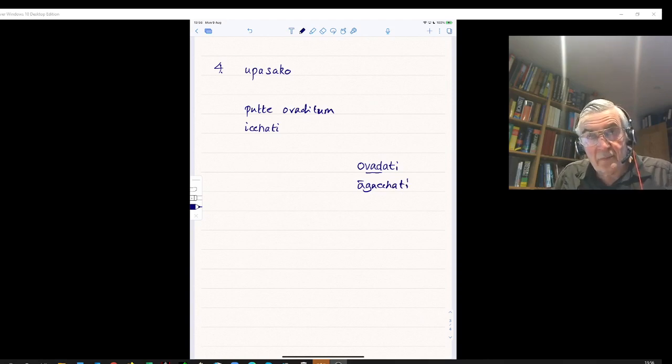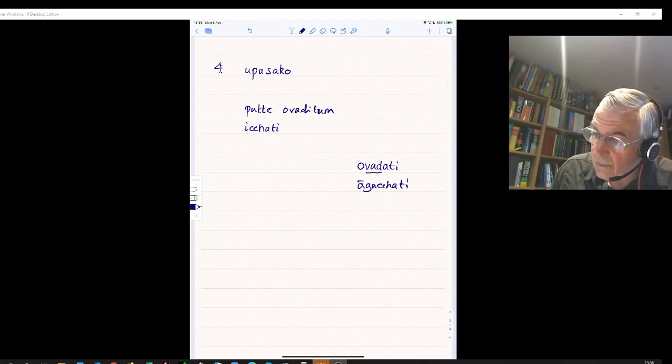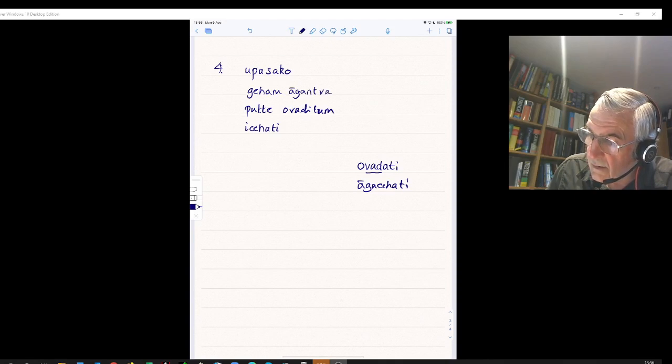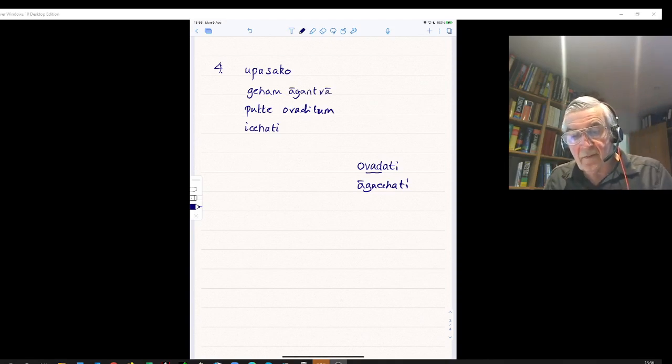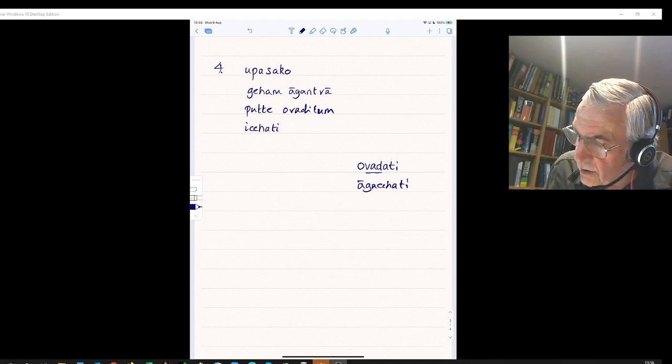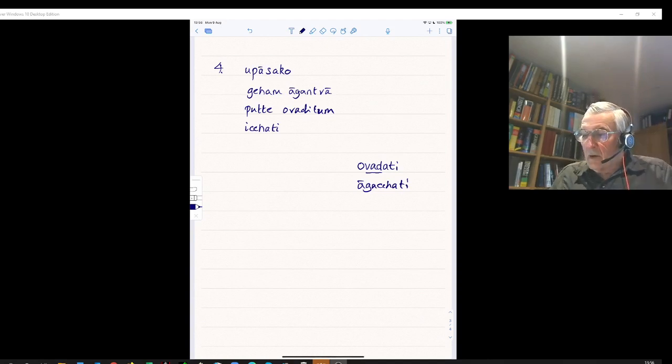So having come home is geham agantva. Geham agantva. So now the entire sentence, the lay disciple wishes to come home and instruct his sons. Upasako geham agantva putte uvaditum ichati.